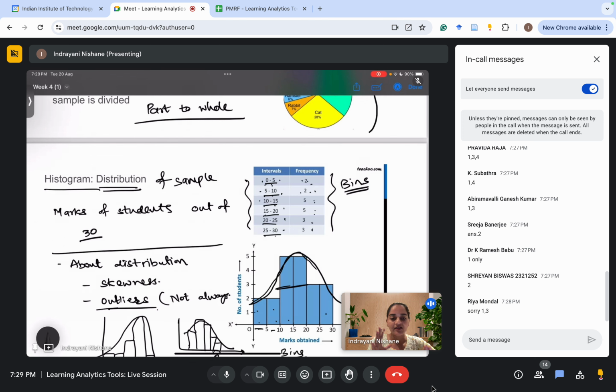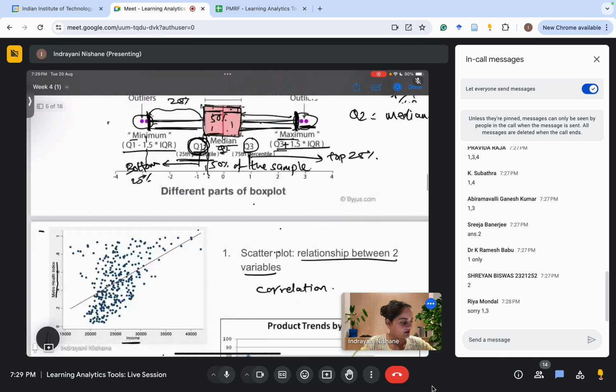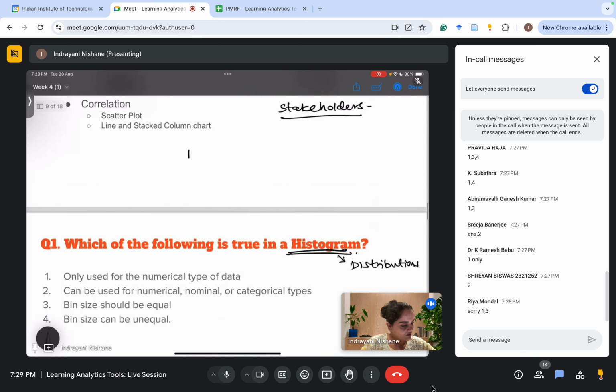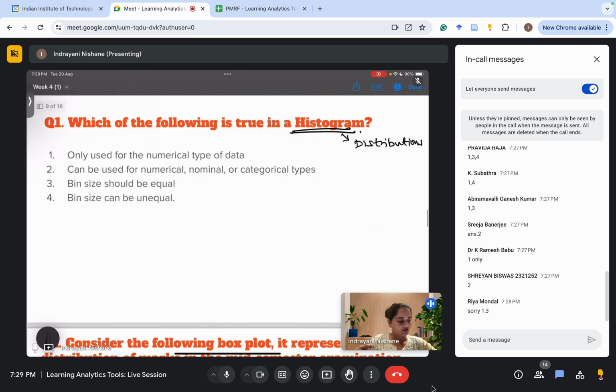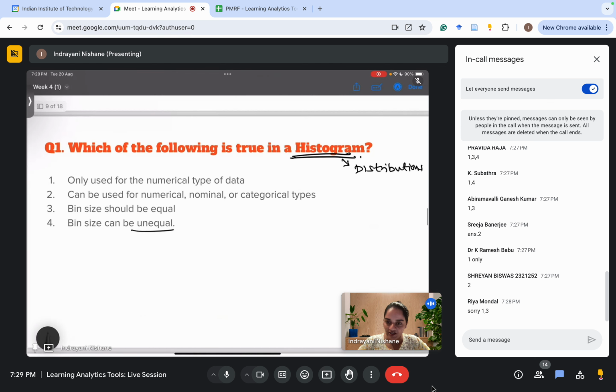So it will not give us the correct picture about the distribution. We have to work on it to get the correct picture of the distribution. Everybody agrees with me that unequal bin size is possible, but it will not give us correct information about the distribution of our sample.